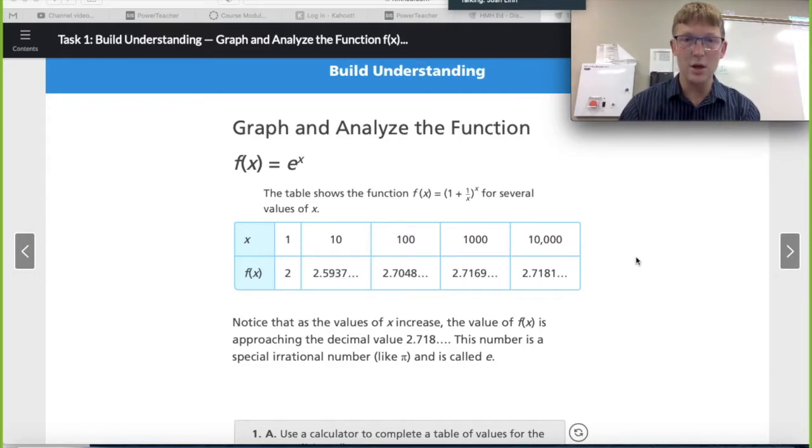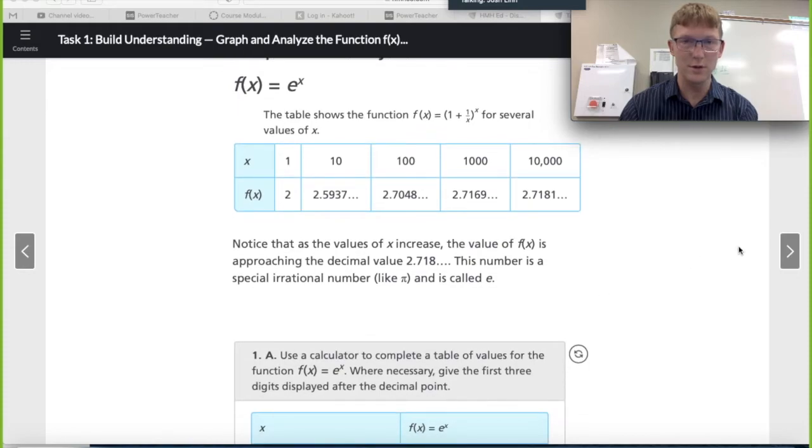So it is getting closer and closer to a decimal value of something like that. I say something like that because that is still a rounded number. It is an irrational number similar to pi, so it goes on forever, but we call it e.